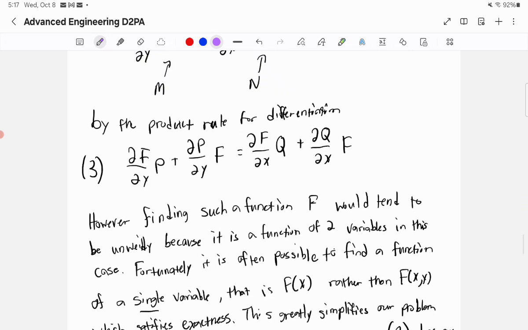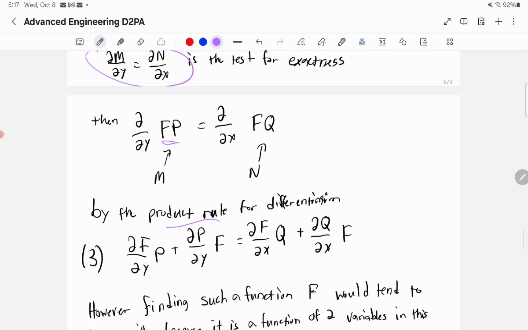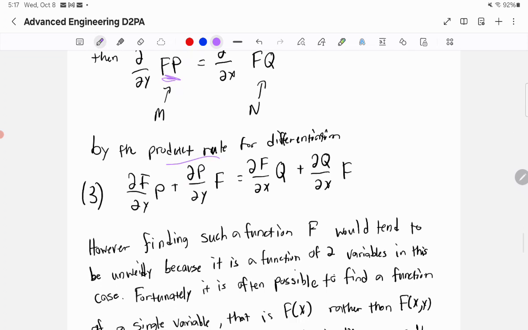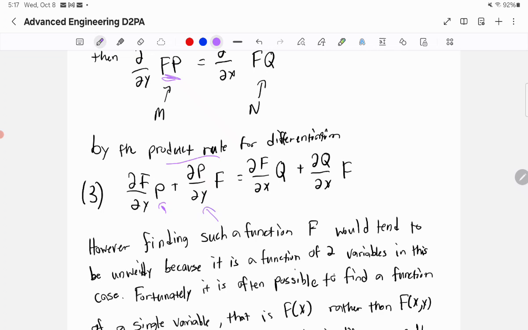If we take the product rule, because we have the product of two functions now, we get df/dy times P plus dP/dy times f, because we're splitting the two using the product rule. The product rule says it's the sum of the derivative of one function times just the other function, plus the derivative of the other function times the original function, right?